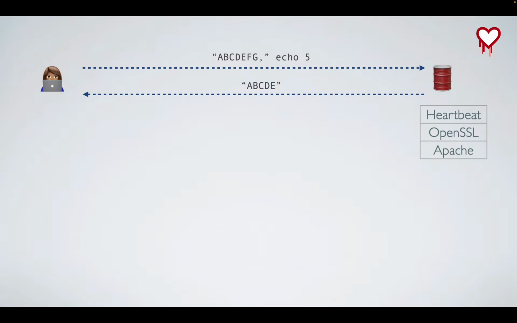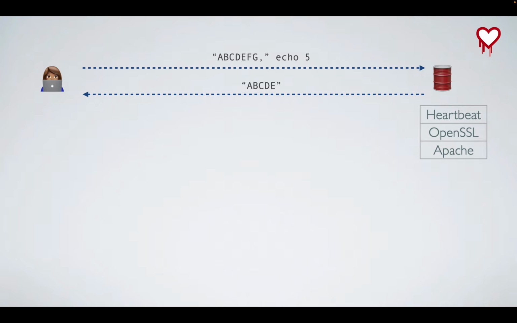What should happen is it should say, well, you only sent me 7 bytes. You want me to echo back 7 or 10. 10's more than 7, so there's an error, right? I won't do that for you, okay? But the way it was coded is it didn't check that condition, okay?